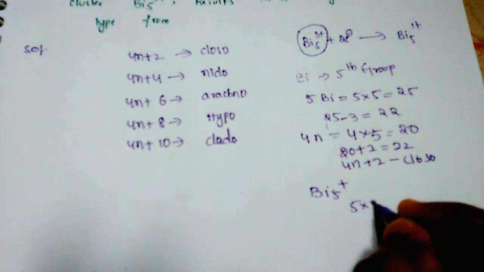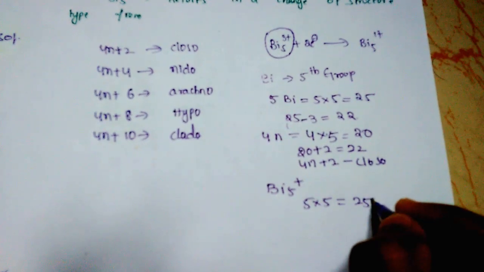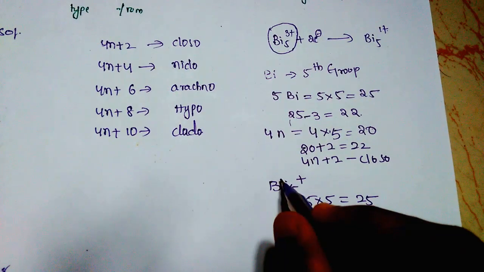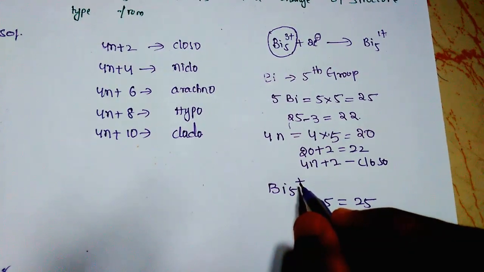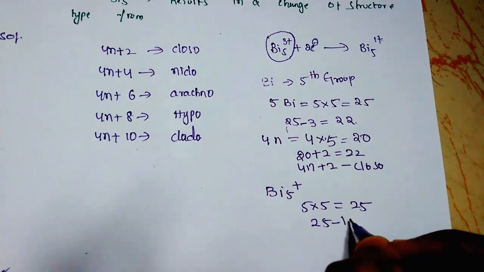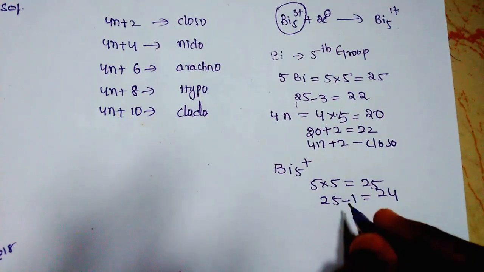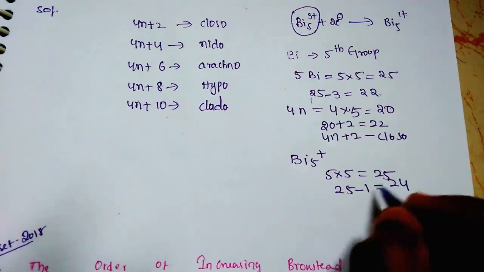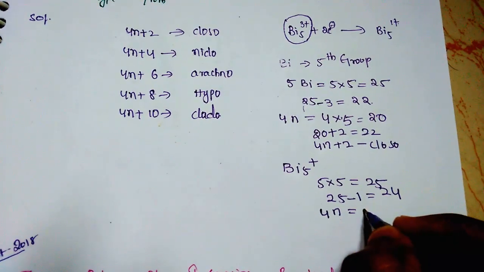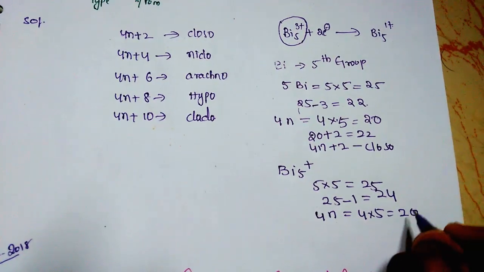After that it changes to Bi5 plus. We calculate Bi5 plus: 5 into 5 is equal to 25, and it has a plus 1 charge, so we subtract 1 from 25, then we get 24. 4n equals 4 into the number of bismuth atoms, 5, which gives 20.